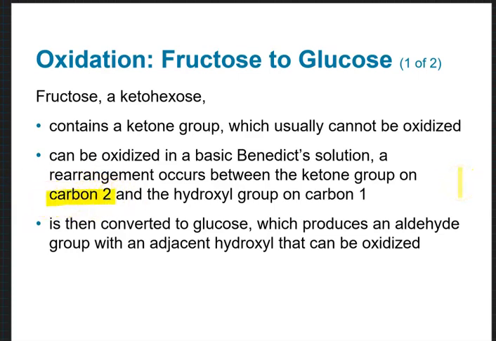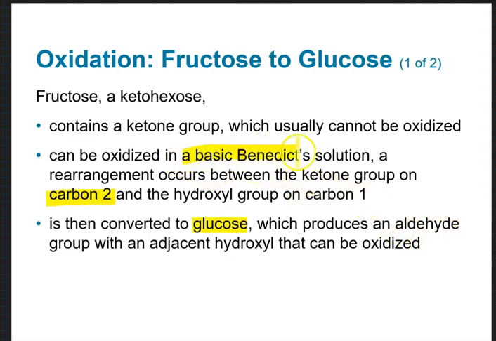So fructose, when it is tested with the Benedict's reagent, can rearrange its carbonyl group, be converted into glucose, and glucose at this point can be oxidized to gluconic acid.